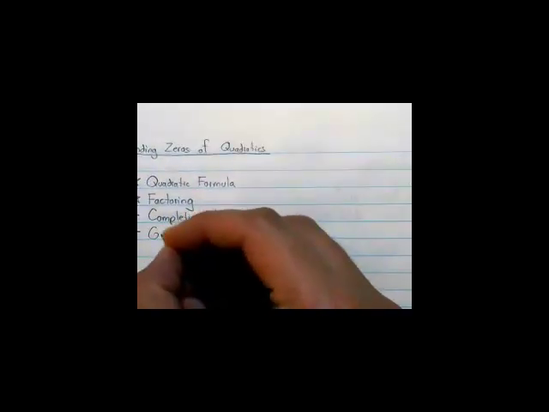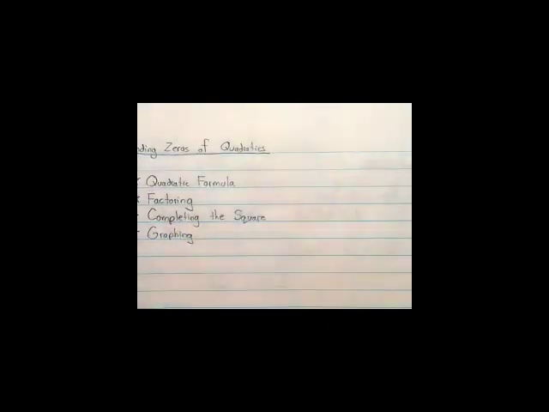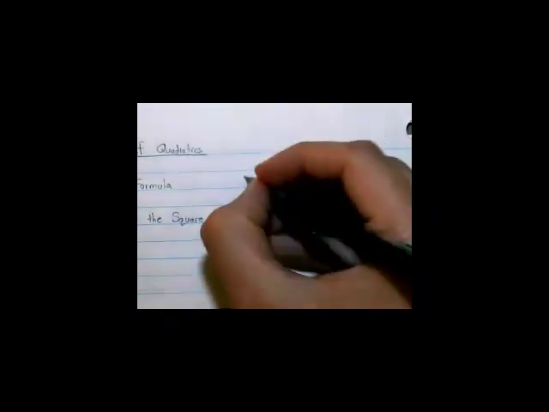Graphing is the other thing, which we will touch on some when we start talking about some of the calculator stuff we're going to do with this. If you can graph a quadratic on your calculator and then look for the x-intercepts, yep, that works. But assuming that we don't have a calculator to work with, we're really just going to rely on the top two.